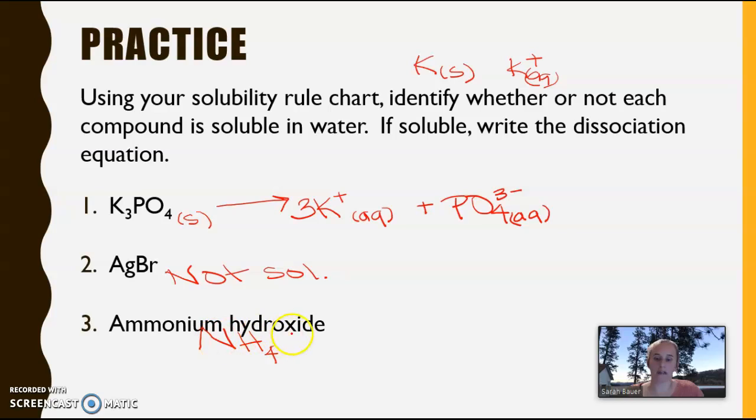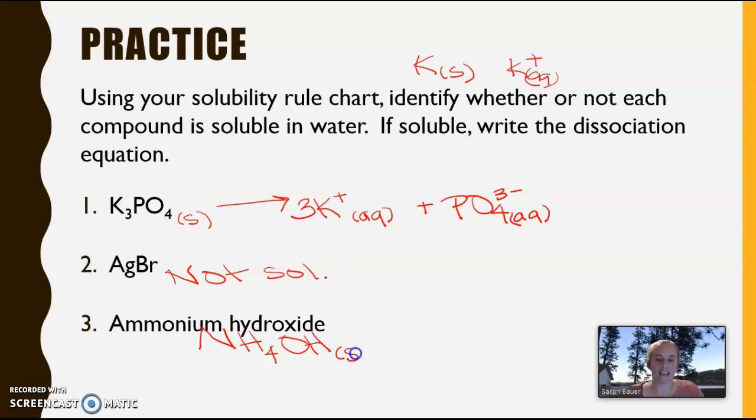So ammonium hydroxide, and ammonium, the cation, that's our only positive polyatomic ion that we have to learn, is in that first group along with the alkali metals. It is always soluble, no exceptions. So yes, this is soluble in water.